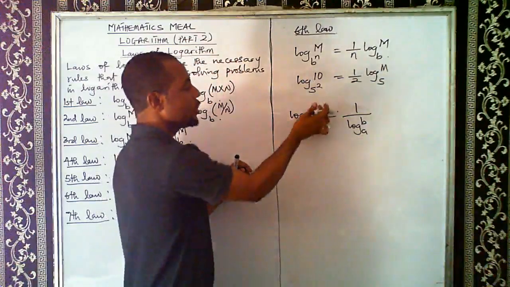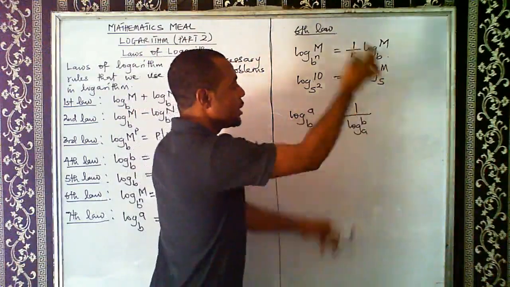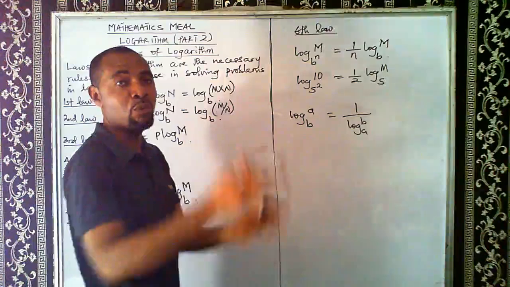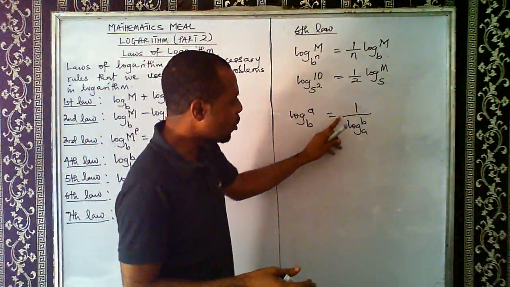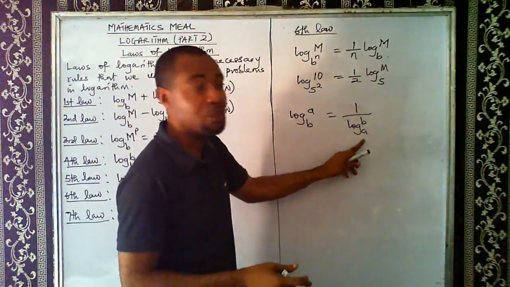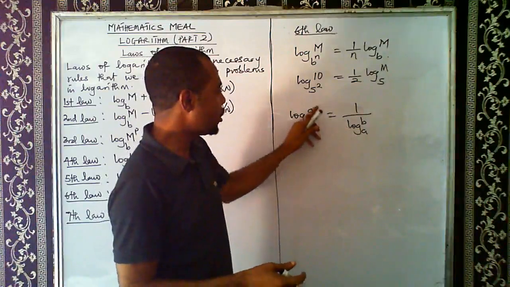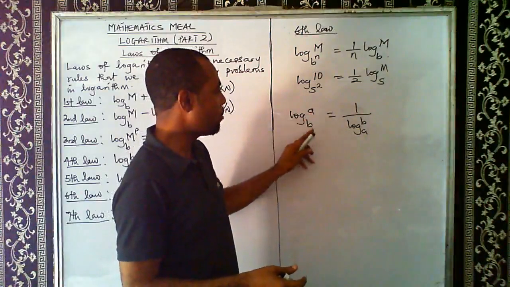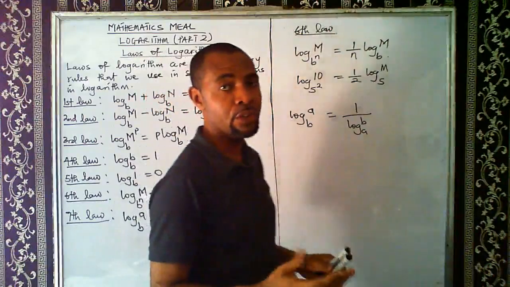So when I change the base to the number and the number to the base, the logarithm will turn upside down, it will invert. Look at this: log a in base b is equal to 1 over log b in base a. Why did this happen? We just exchanged base to number, number to base.